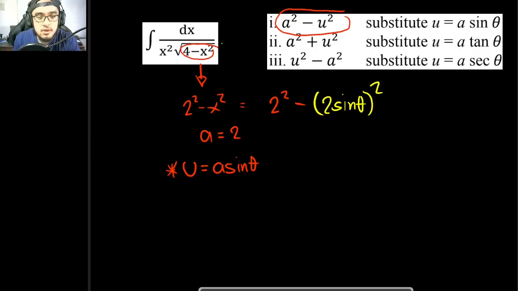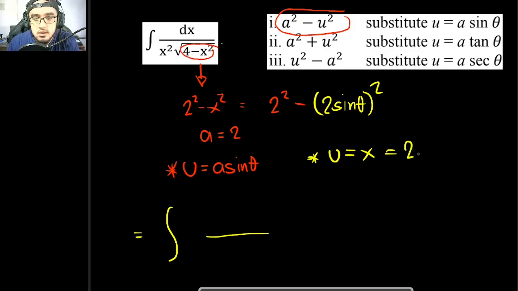So this is to be our new term for this part right here. So rewriting this, this is to be equal to the integral of dx. By the way, guys, your u is equal to your x, and your x is equal to a sine theta, which is 2 sine theta.